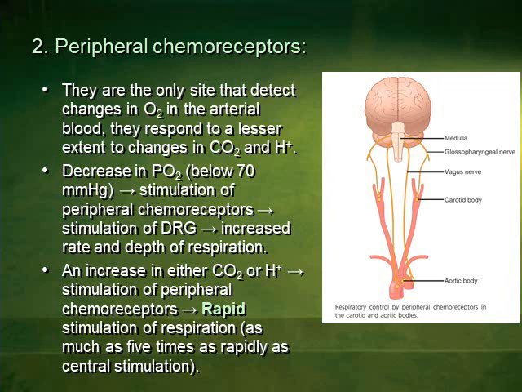So the peripheral chemoreceptors are the only site that detects changes in oxygen in the arterial blood. They respond to a lesser extent to changes in carbon dioxide and hydrogen ion. I would like the student to remember what we have said before about the oxygen dissociation curve.